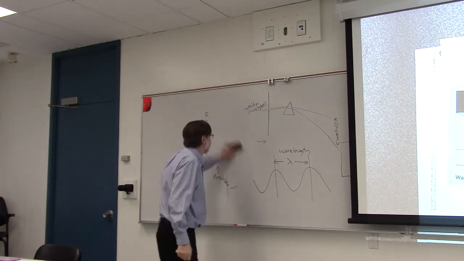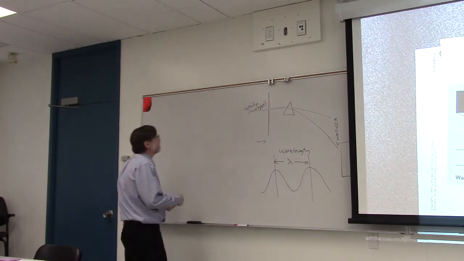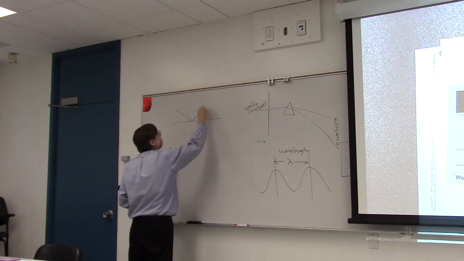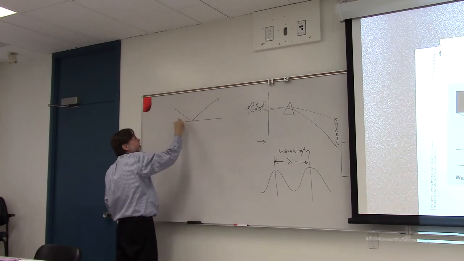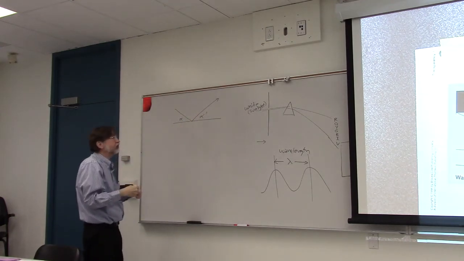The way to think about refraction. So light is reflected. So another property of light is reflection. And the angle of reflection is equal to the angle of incidence if you had a perfect mirror surface.